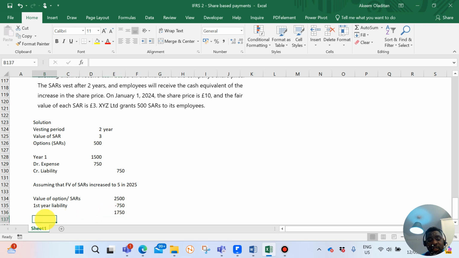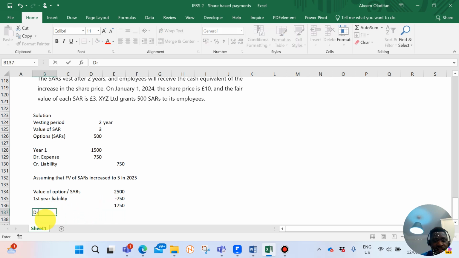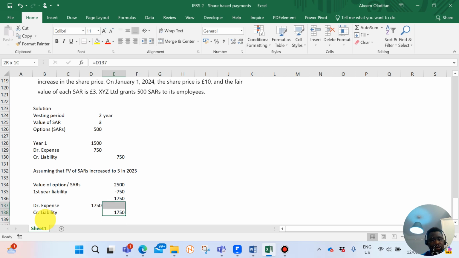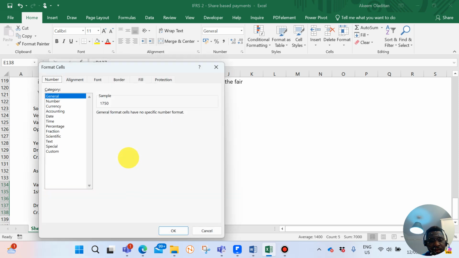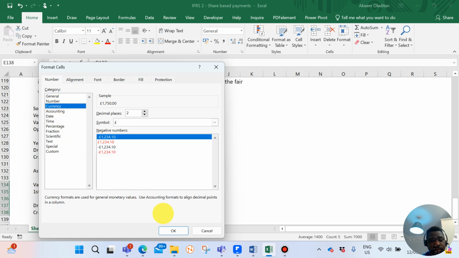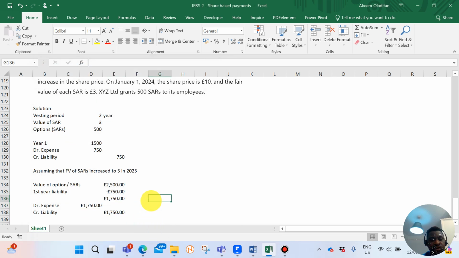In year 2 you debit expense of 750 and you credit liability for 750. All in pounds, currency pounds. So this is what is to be posted in year 2.